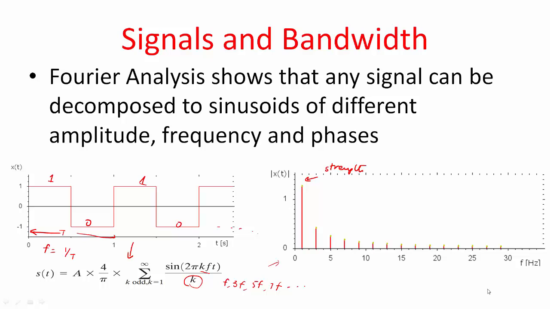As you can see, the strength is a function of 1 over k, whereby as the frequencies increase, the strength is progressively decreasing. So this is the frequency domain representation of this square waveform. By the way, I have only plotted up to 29f, but this actually goes on till infinity as shown here.